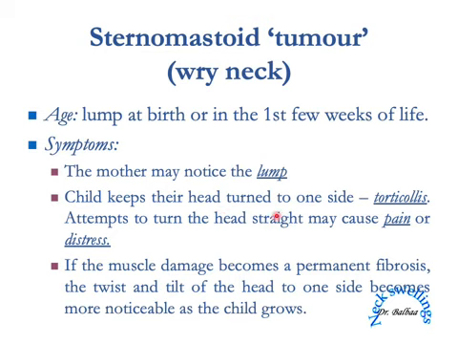Some of the mothers complain that the head or the neck of their babies is just tilted or directed to one side, making it torticollis. If they try to turn it back, it may cause some pain or distress. Later on, when the muscle has permanent fibrosis, the swelling will disappear, and there will be disfigurement with tilting of the head to one side, what's called torticollis, or wry neck.